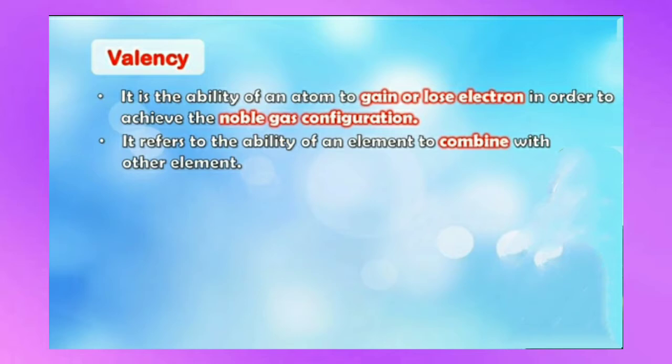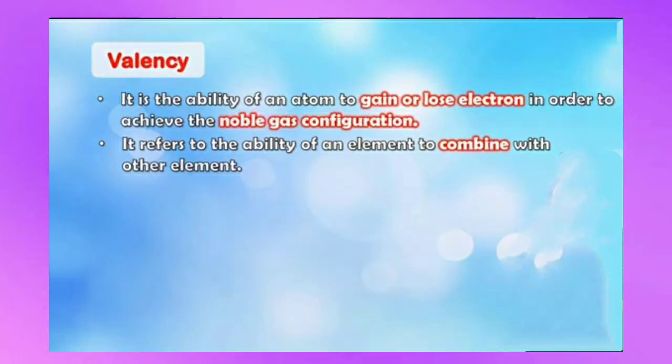Valency is also referred to as the ability of an element to combine with other elements. If an atom or an element has the ability to combine with other elements to form its compound, that is also referred to as valency. Understood, children? Let's take an example.